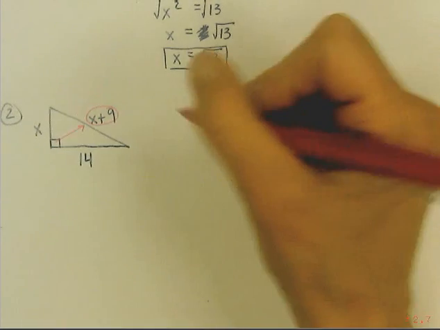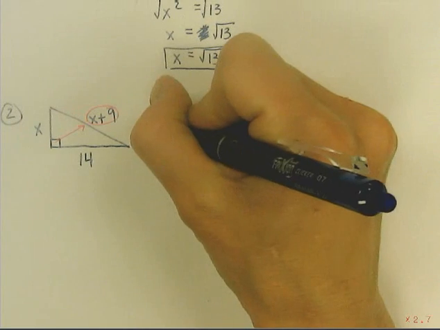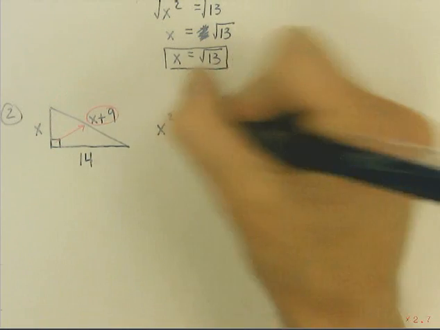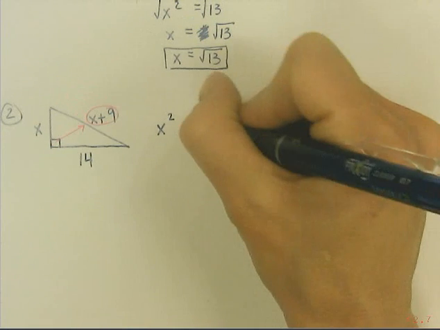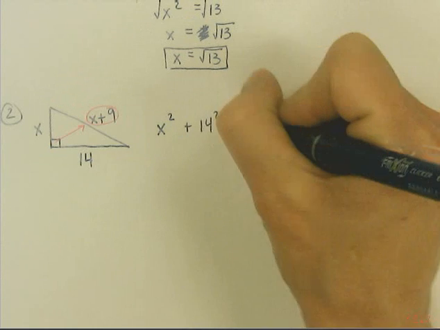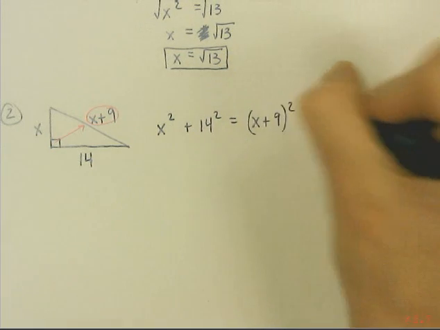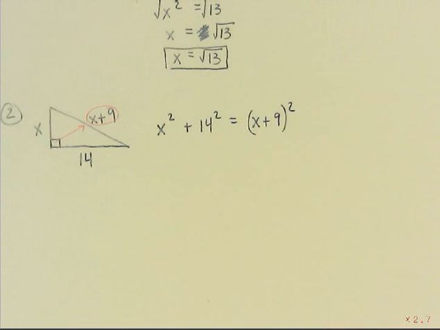Set up your equation. We'll write x squared plus 14 squared equals x plus 9 squared. Okay, give you a minute to catch up.